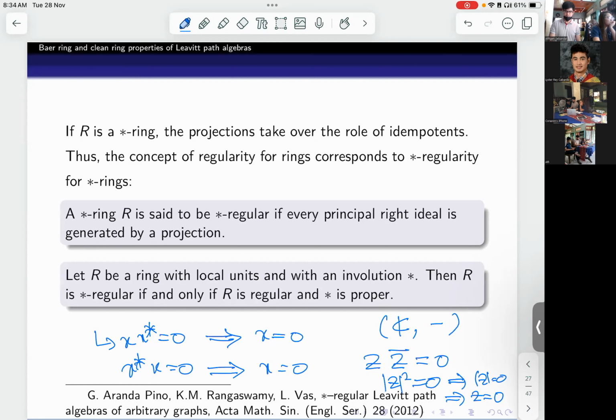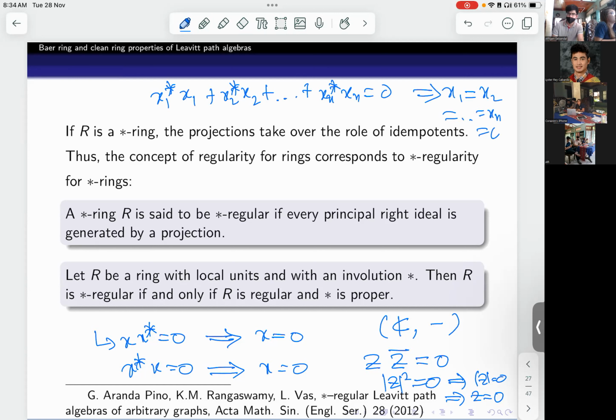And if instead you have something like x1 star x1 plus x2 star x2 plus ... plus xn star xn equals 0 implies all of them are 0, then such a thing is called an n-proper involution, whenever there are n terms involved. So it is natural to see that this involution is not n-proper.